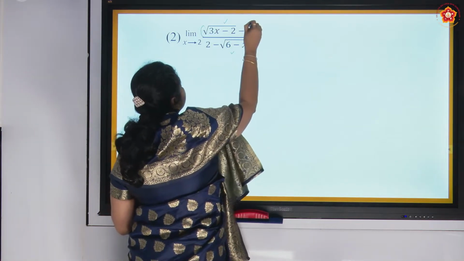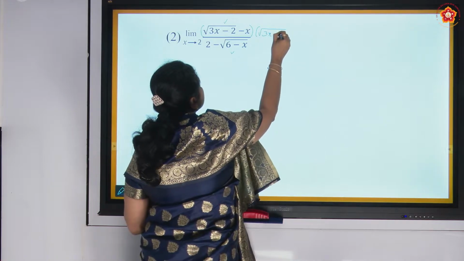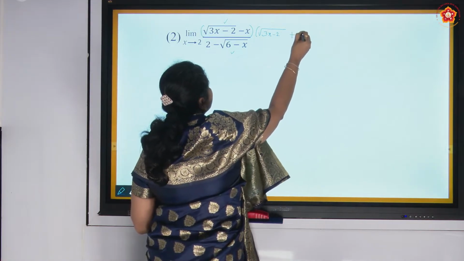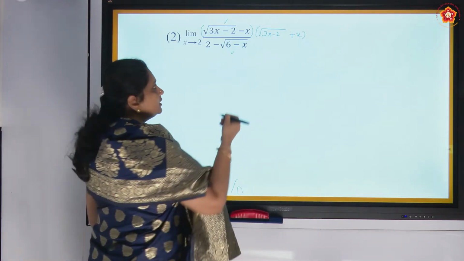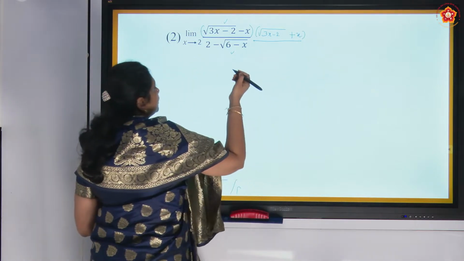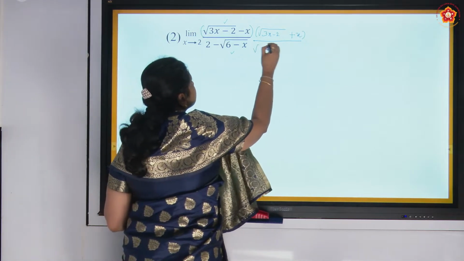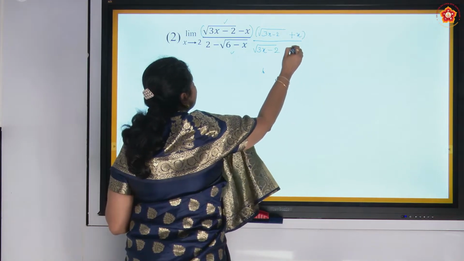So what is my rationalizing factor of the numerator? It's going to be root of 3x minus 2 plus x, okay? So whatever I do, I cannot just do it to the numerator. I need to do it to the denominator also. So I multiply the denominator also by root of 3x minus 2 plus x.